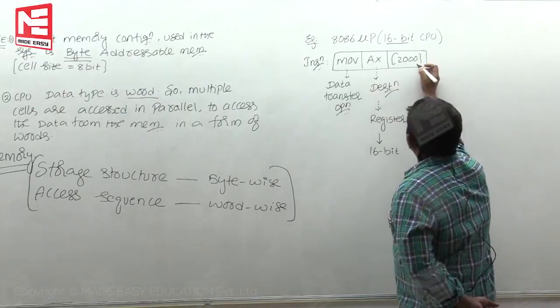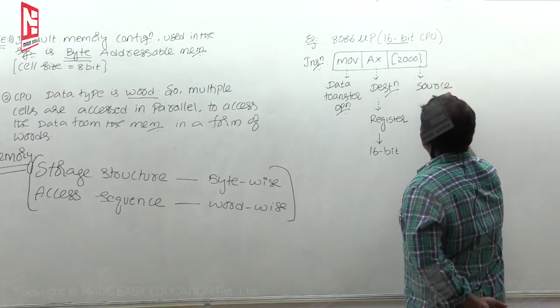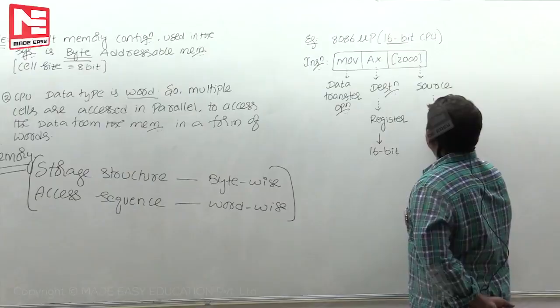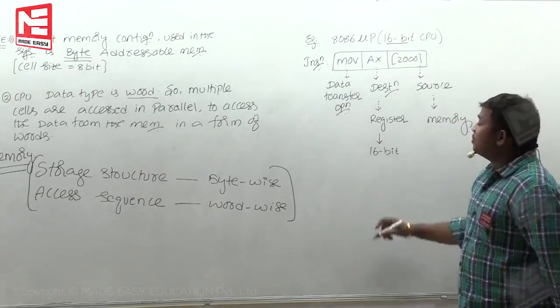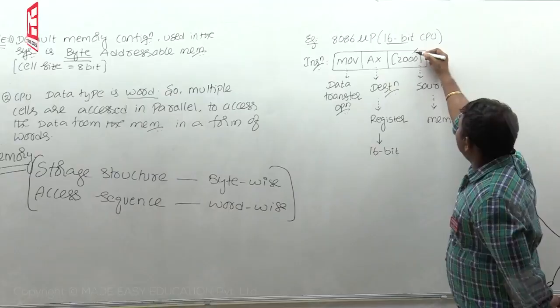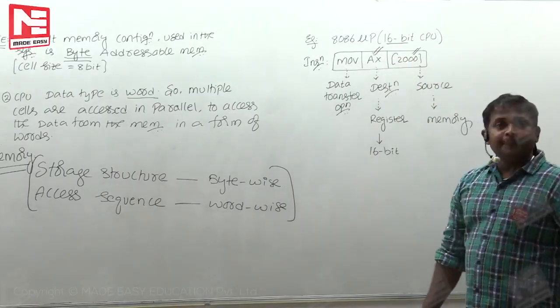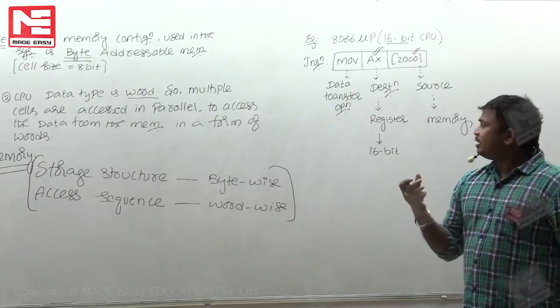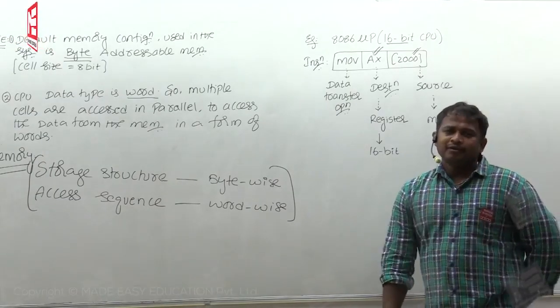Now, after the destination, the next parameter is the source. The source contains memory. How do we know the source contains memory? Because memory is addressed with a hexadecimal address. Registers are referred to with a name. This is the representation in assembly language code.